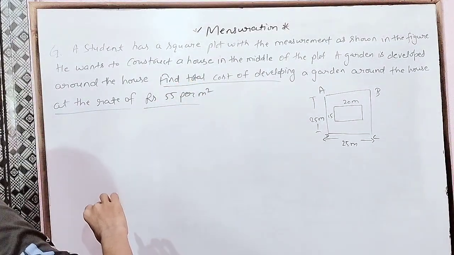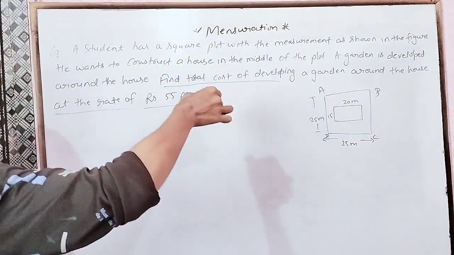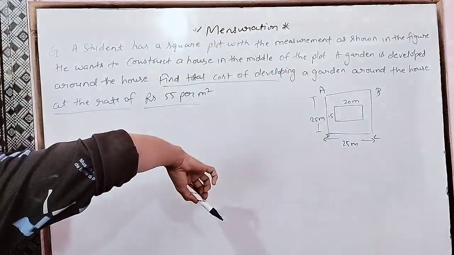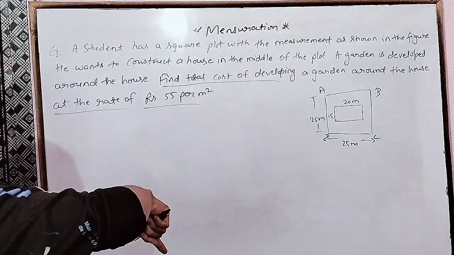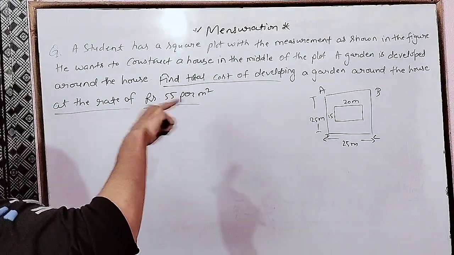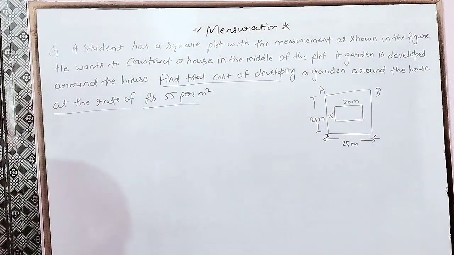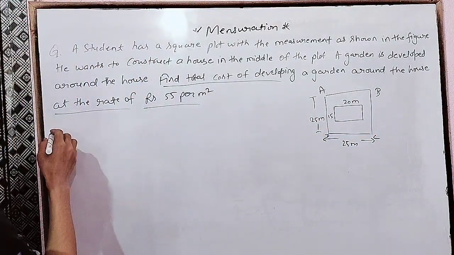So first of all, we will find the area of the plot, which is a square. Then the area of the house, which is a rectangle. Then we will subtract the rectangle from the square. Then we will have the garden area.